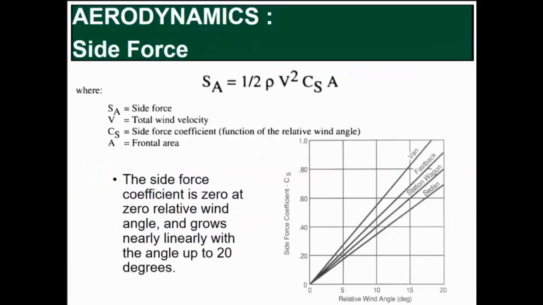And then this is the side force of the vehicle. Okay, wind force. And then this is the equation for side force. Okay, when we look into the figure, okay, for different type of vehicle, sedan, wagon, hatchback and van, as the relative wind angle decrease, the side force coefficient also will be increased.